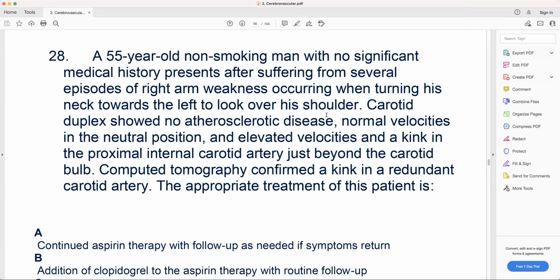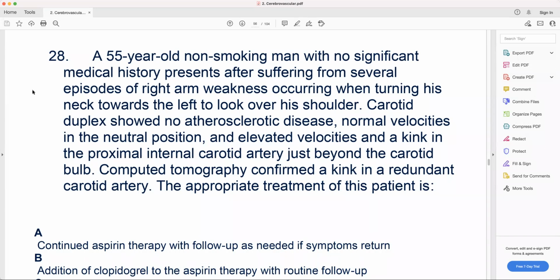All right. So, a 55-year-old non-smoking man with no significant medical history presents after suffering from several episodes of right arm weakness, occurring with turning his neck toward the left to look over his shoulder.